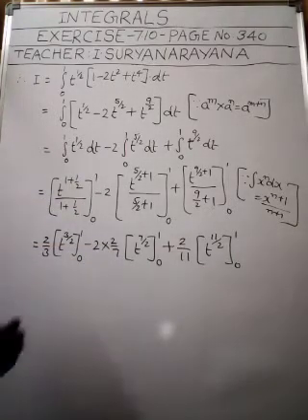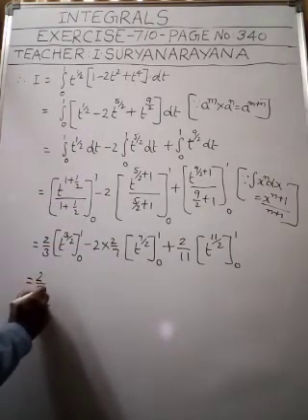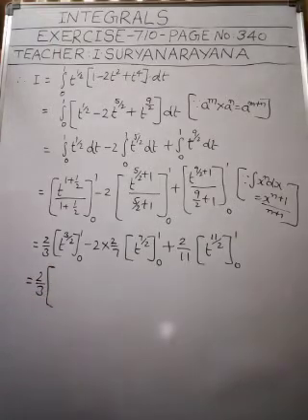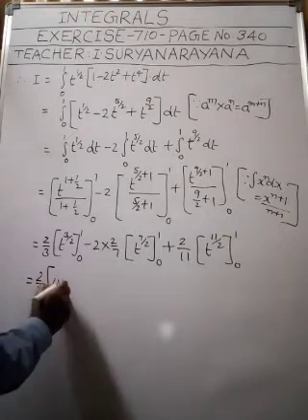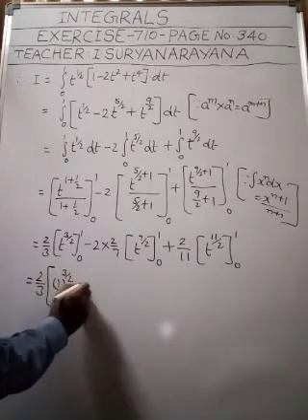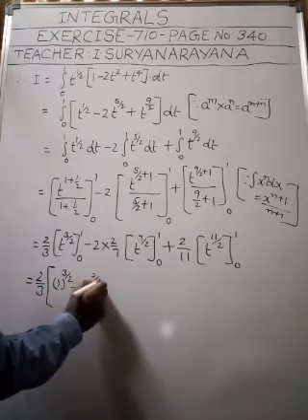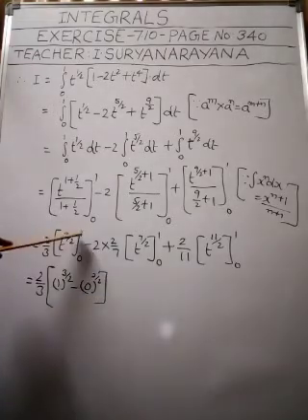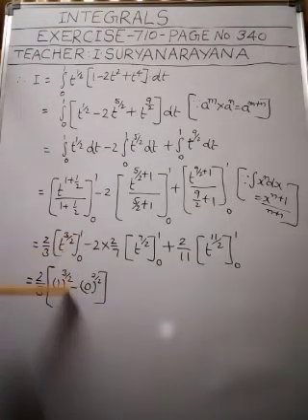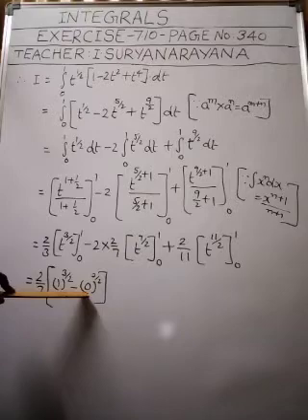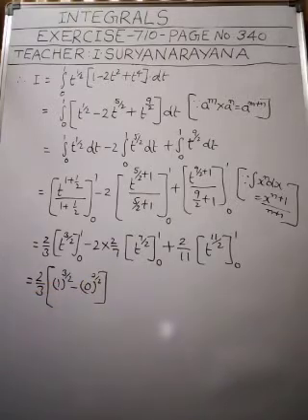Okay, my children? Right. 2 by 3 into, now we apply the upper limit minus lower limit. So 1 power 3 by 2 minus 0 power 3 by 2. I substituted the upper limit minus, in the same function, the lower limit. Okay, my children? Right.